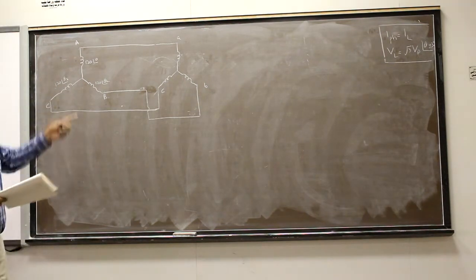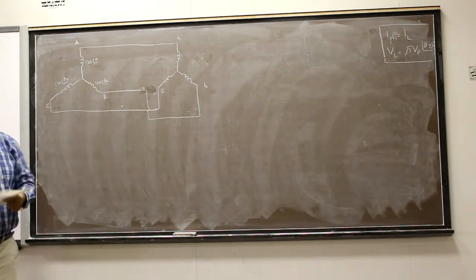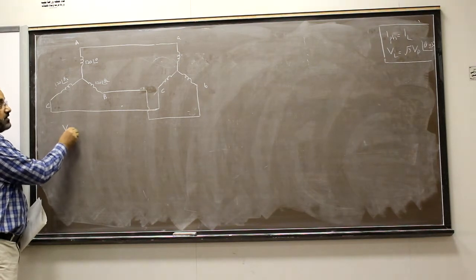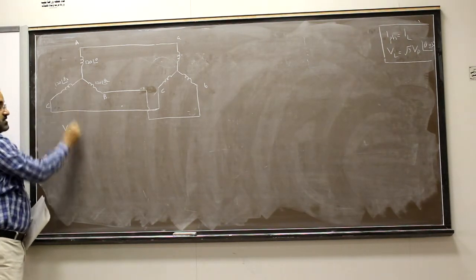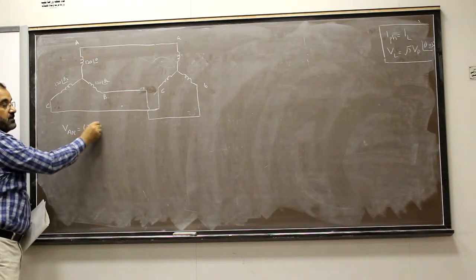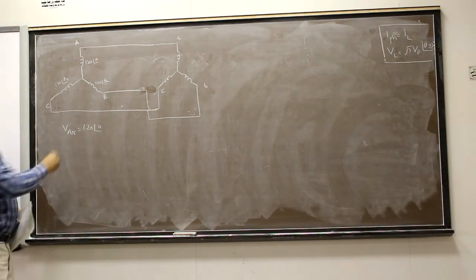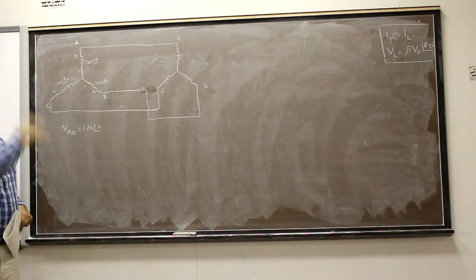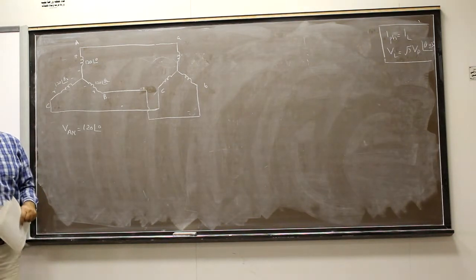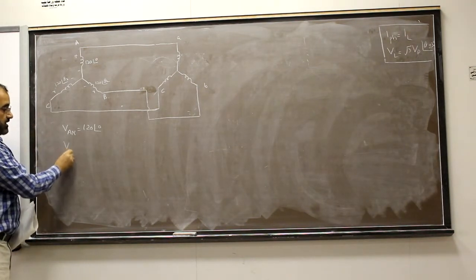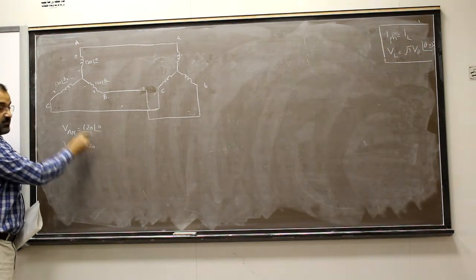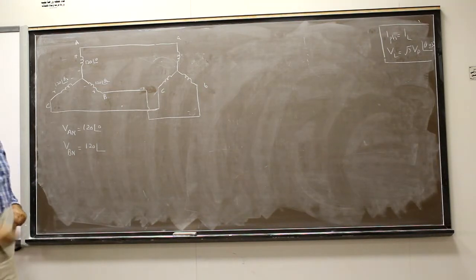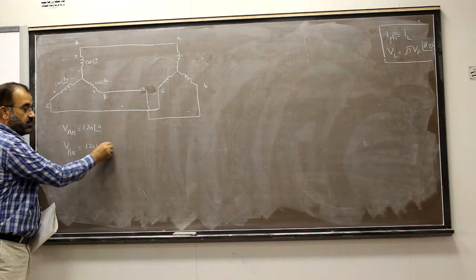And I told you that in case the sequence is positive, the angle between B, A, and neutral is given to you as 120 angle 0. This is minus, this is plus, this is minus, this is plus, just to give you the polarity that it is a voltage or battery or a source. So V_BN is what? 120, same magnitude, but the angle in case of positive sequence will be minus 120 degrees.